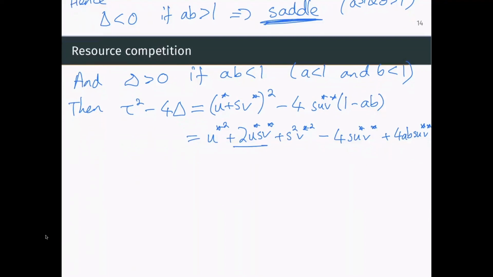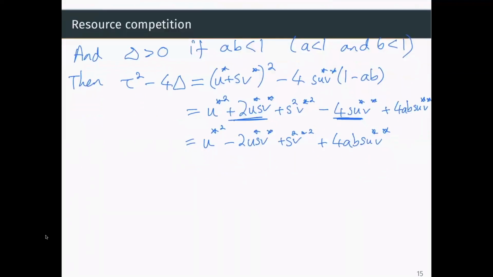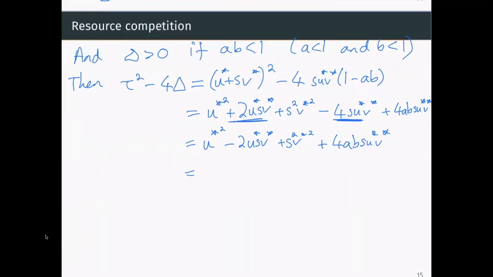Okay, so we have two terms that look very similar here, so we can add these together. So now we're just going to have U squared, minus 2USV plus S squared V squared. And we have this plus 4AB SU star V star on the end. We can now factorize that at the front.